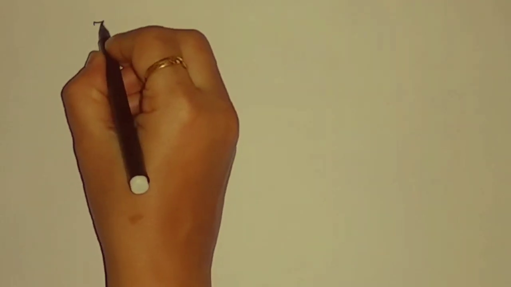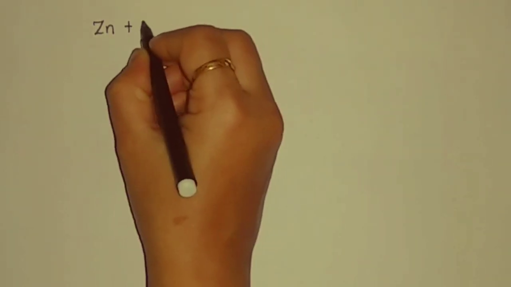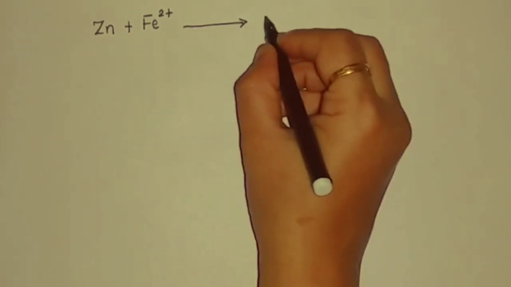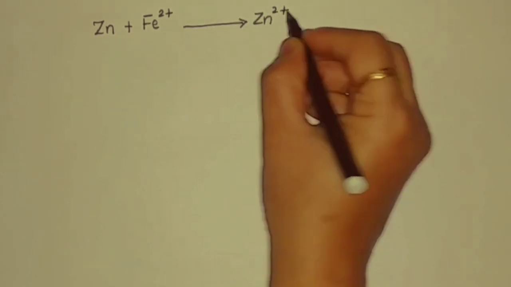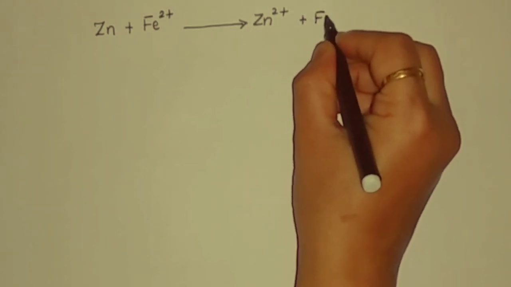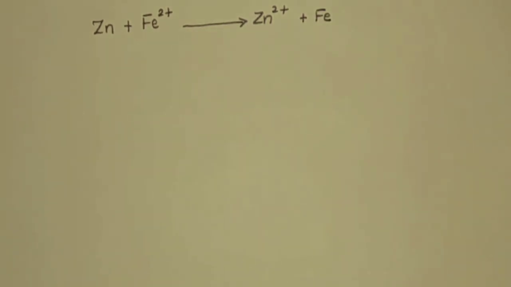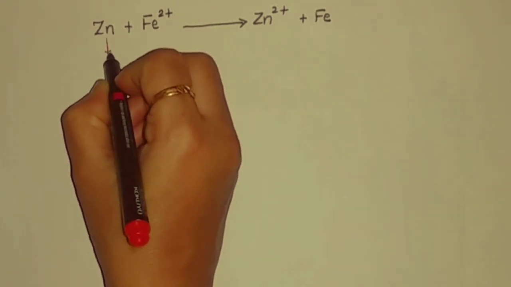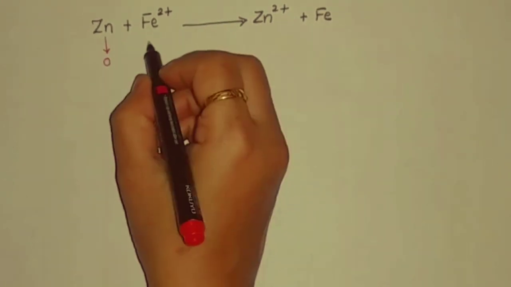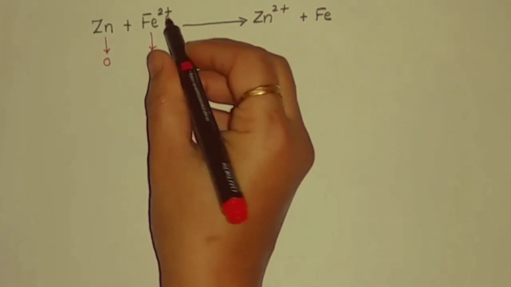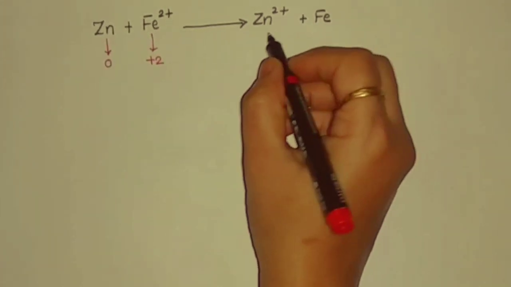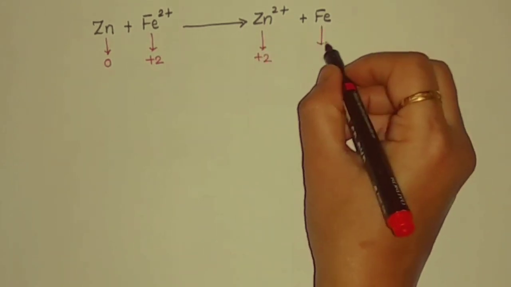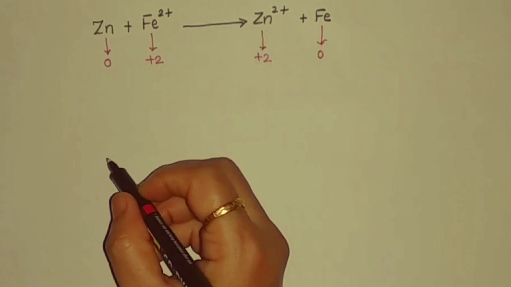Now, we need to identify the oxidizing agent and reducing agent. So consider the following equation. Over here, Zn plus Fe2+ will give you Zn2+ plus Fe. Since Zn is in elemental state, its oxidation number is 0. Similarly, Fe is in ionic form, so we write plus 2 oxidation number. Zinc is plus 2 and Fe is 0 oxidation number.